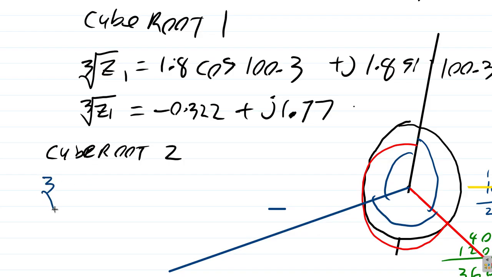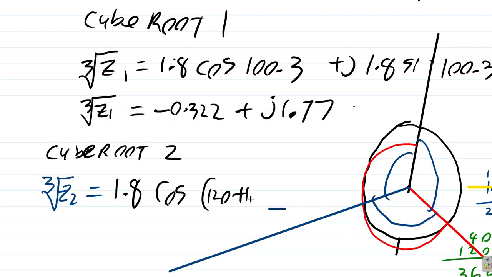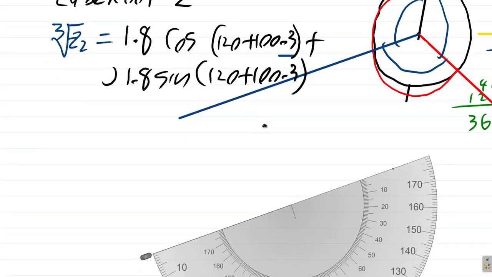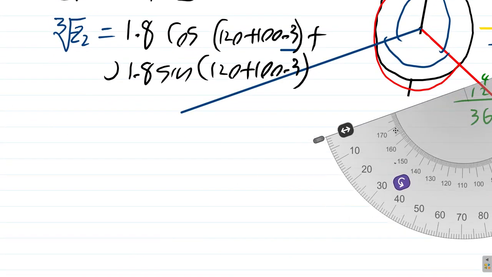So the cube root of z, call it z2, is equal to 1.8, the magnitude doesn't change, 1.8 cos of 120 plus 100.3 plus j 1.8 sine of 120 plus 100.3. See that? Let's get the protractor out of the way.